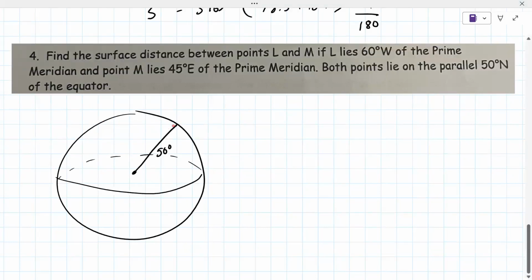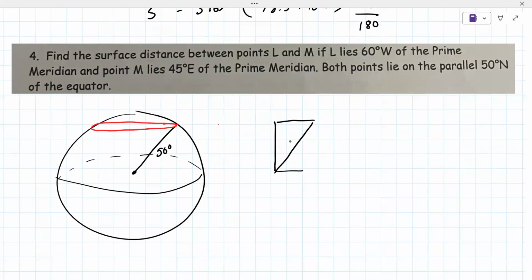Let me draw that a little better. There's some sort of circle here. The meridian is the vertical. That's why I said you almost need a reference sheet for this. So we can draw a triangle here.